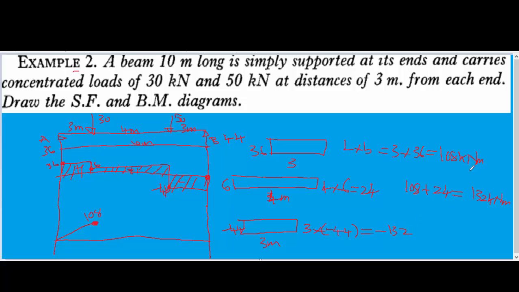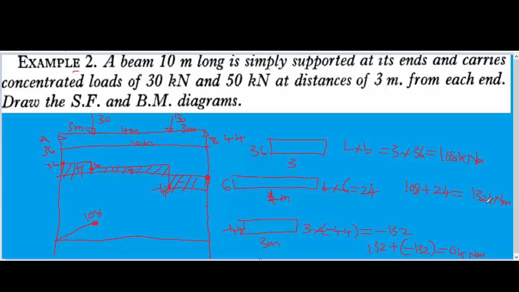So as I said earlier, these forces were positive but added. In this case here is positive, so I have 132 plus what do I have here? It's negative, so minus 132. From basic maths you can see that 132 we have plus and minus. Plus times minus will give us minus, so definitely I'm going to have 0 kilonewton meter at this point.